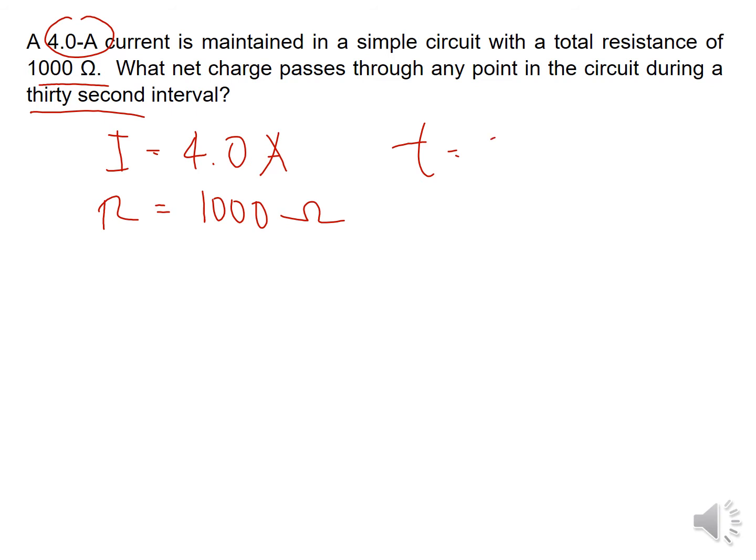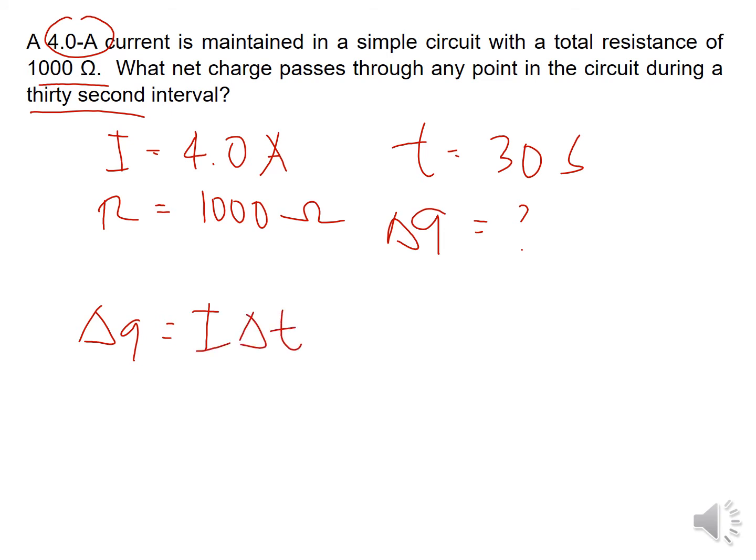That's 30 seconds. So we are asked to get the net charge, the value of Q, or change in Q, or the sum of the charges. So here again, the formula for charge, or simply Q, is equal to current multiplied by the change in time, or I multiplied by time.